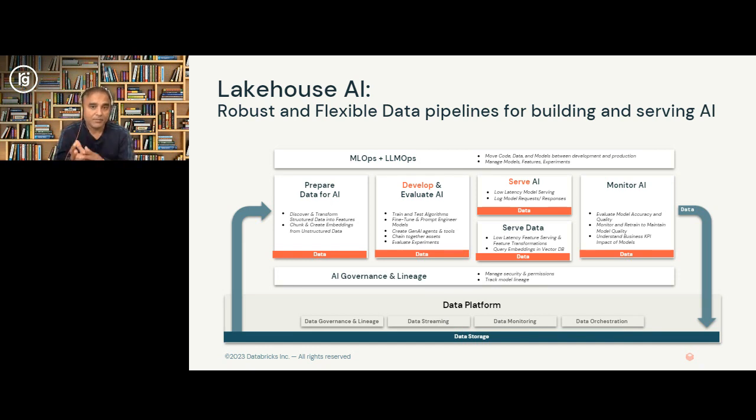Once you are in production, you may have to use one of the SaaS APIs. So we have the MLflow AI Gateway that allows you to connect seamlessly to third-party SaaS such as OpenAI and centrally manage all your credentials, APIs, routes, as well as logging and caching.